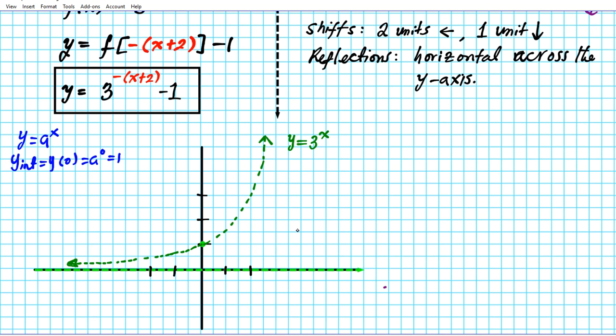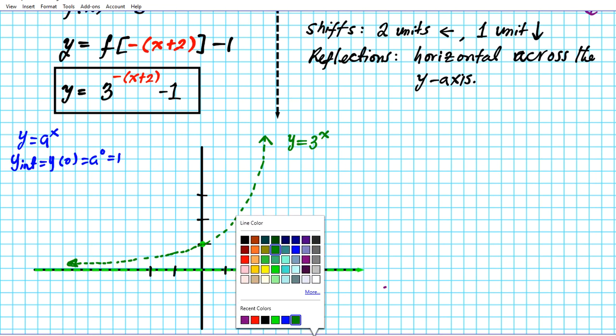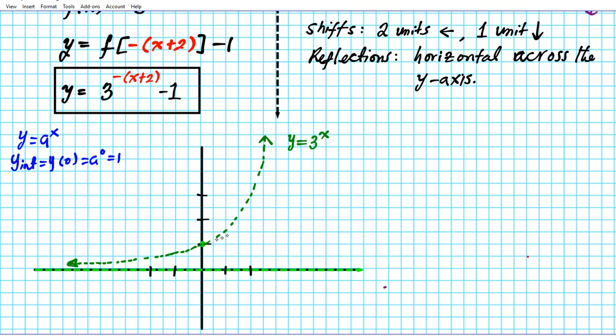Now let's carry out our transformations. So the first thing we're going to do is carry out a reflection. If we reflect horizontally, this is just a sketch, we're going to have our graph looking like this. The portion to the right of the y-axis gets reflected to the left side, and the portion to the left gets reflected to the right side.